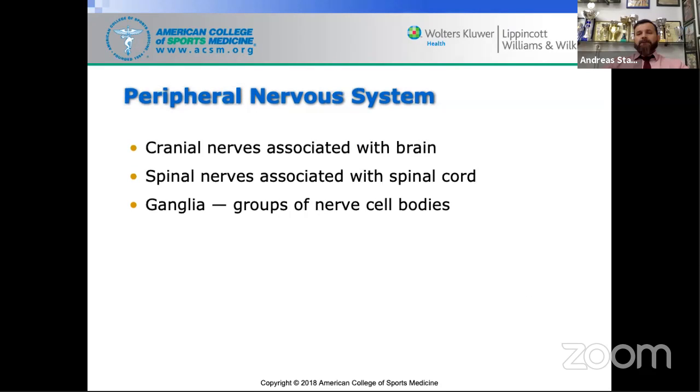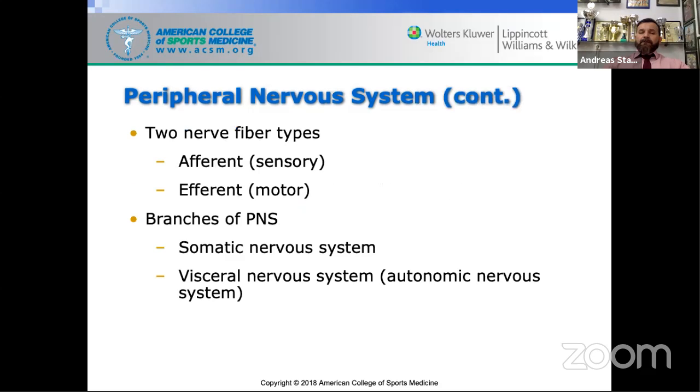Cranial nerves are associated with the brain, the spinal cord, and then we have ganglia, which is a group of nerve cell bodies. In general, there are 2 types of nerve fibers, afferent and efferent. I have a picture later on that's not in the book just to explain that. Afferent coming towards our brain, spinal cord and brain, efferent coming down the other way, okay?